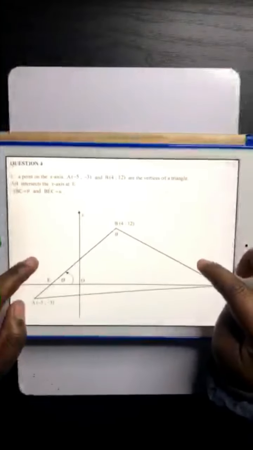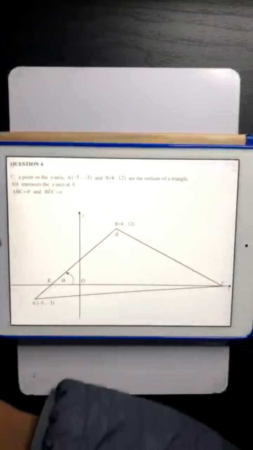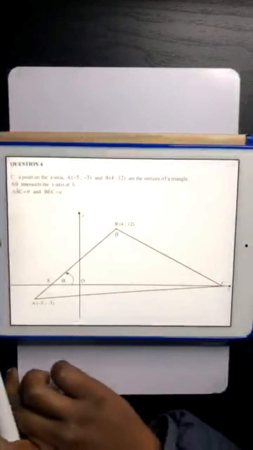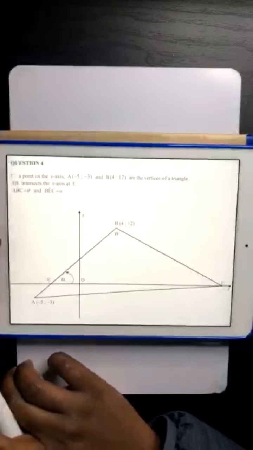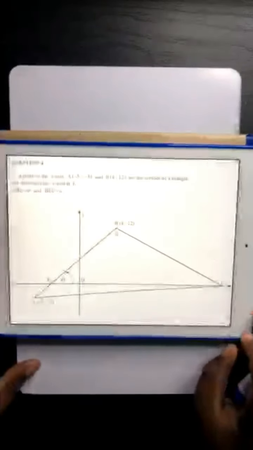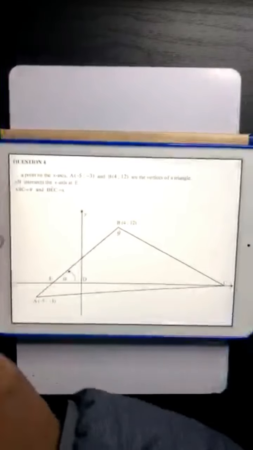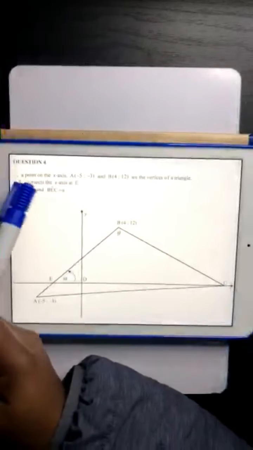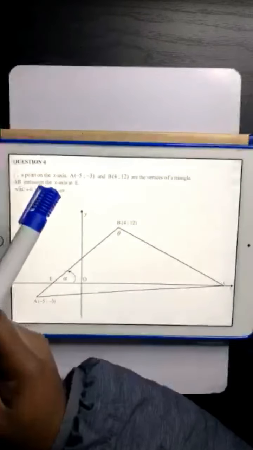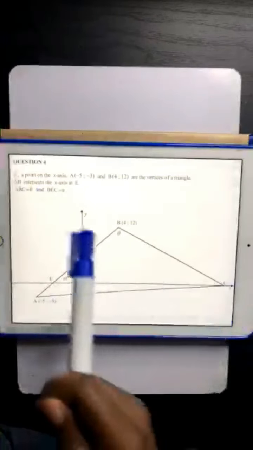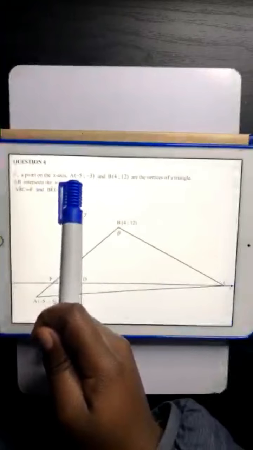So let me bring this question which was sent in the group. I'm just going to quickly explain something, just to make you aware that everything that we've covered in today's lesson might be useful when it comes to answering this question. So let's see. There is a point on the x-axis, being C. A having -5 and -3.